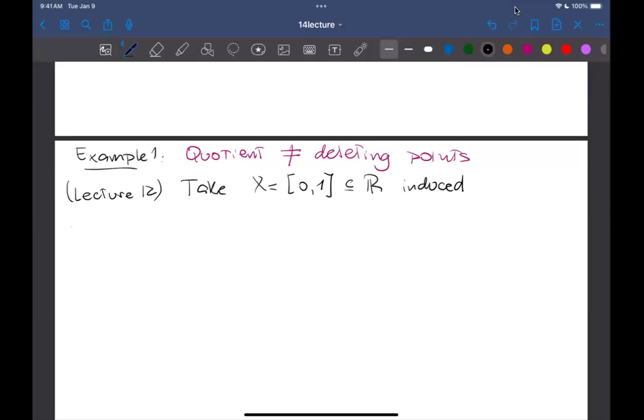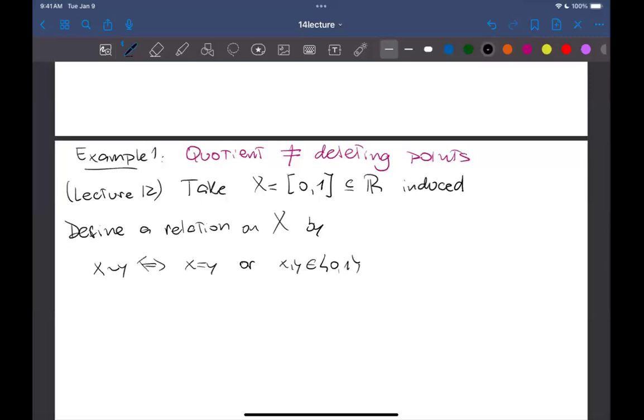And we're going to define the relation on the set X by saying that x is related to y if and only if x equals y, or these two live in (0, 1). So that's my definition of this relation. To be honest, the x equals y part is never important, because you always want to include it in any definition of an equivalence relation. So the important thing is what lives here.